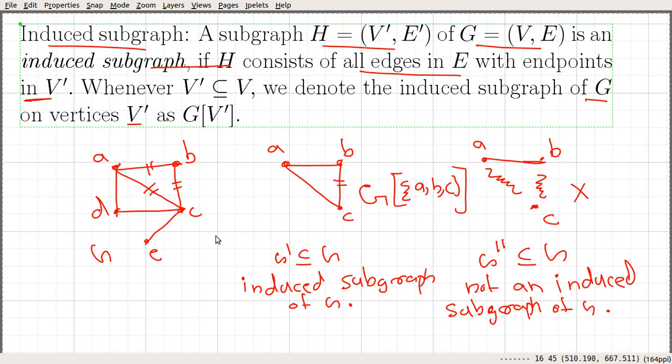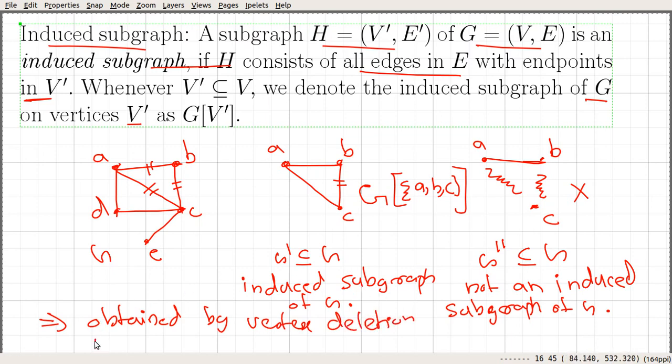And here again we can see that a subgraph obtained only by vertex deletion is also an induced subgraph.